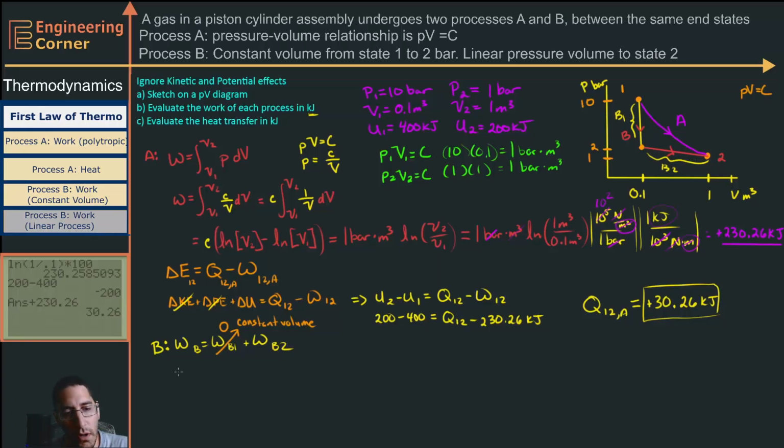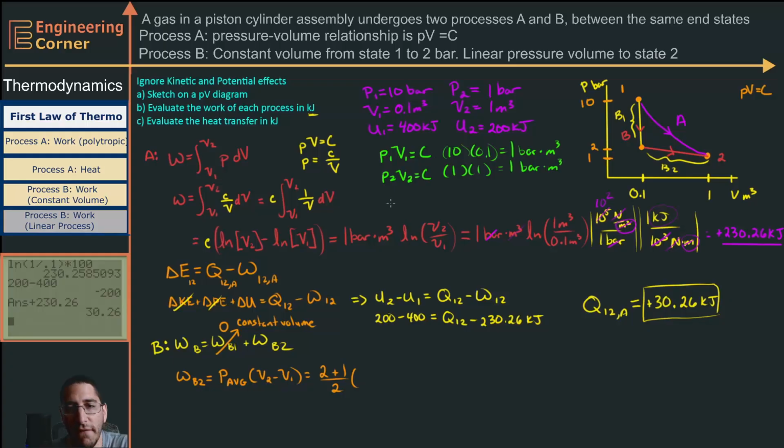So now all we have to do is figure out the work from this B2 area. So work of B2, it's linear. If you had watched my previous video, the equation for linear work from two states is going to be the average pressure, so P average, times the change in volume, so V2 minus V1. The average pressure is going to be equal to 2 plus 1 divided by 2.